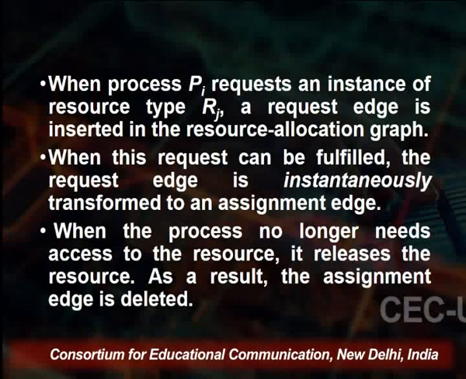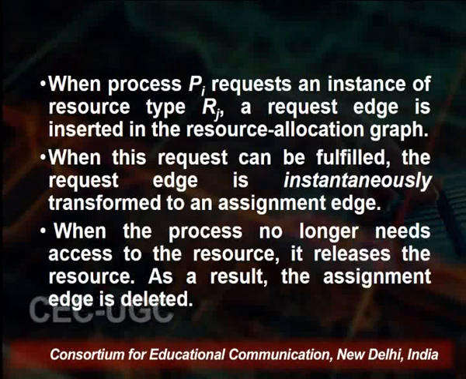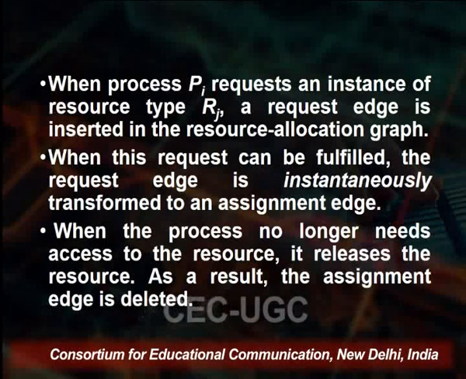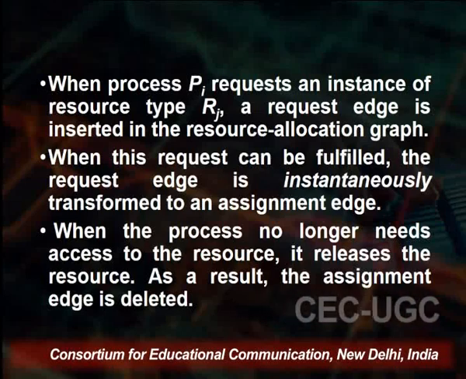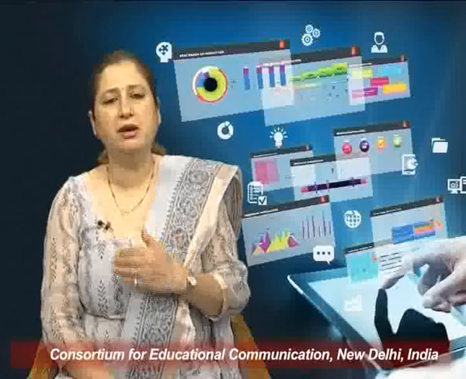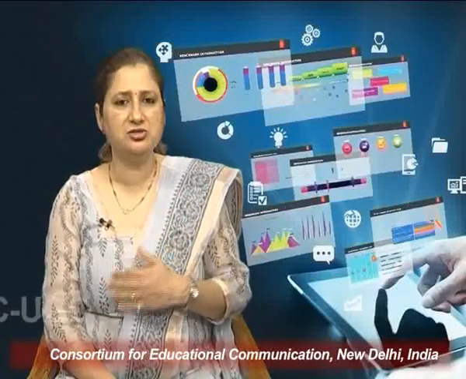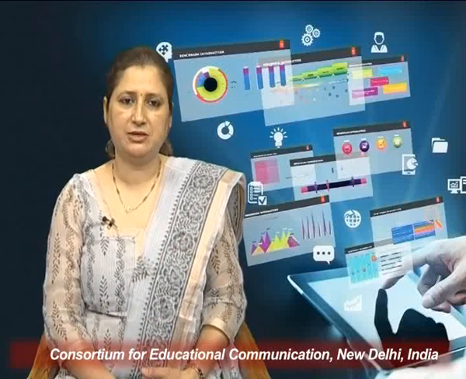When the process no longer needs access to the resource, it will release the resource, and then finally the assignment edge will be deleted. So, we will make multiple stages of the resource allocation graph to see, right.